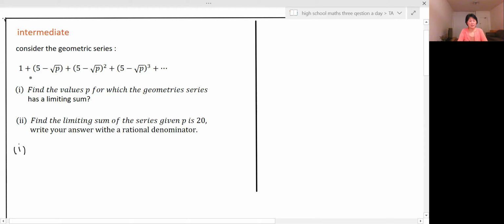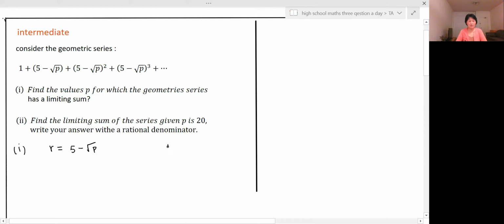This time, the common ratio is equal to 5 minus the square root of p. To have a limiting sum, this r must be less than 1 and larger than minus 1.